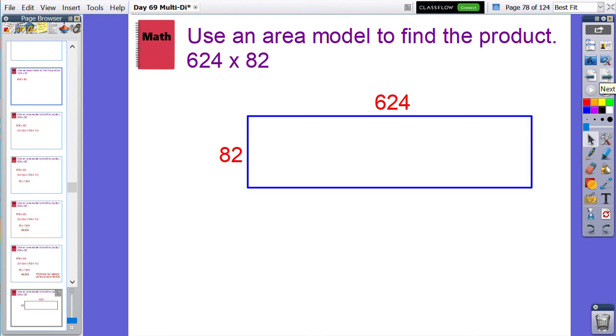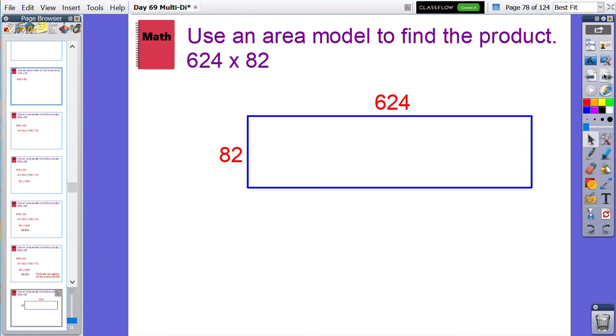Okay, so if I'm looking at 624 and 82, I'm going to decompose these numbers and write the value of each digit. So the 6 is in the hundreds place, so the value of the 6 is 600. 2 is in the tens place, so the value of the 2 is 20. 4 is in the ones place, so the value is 4. 8 is in the tens place, so the value of that 8 is actually 80.